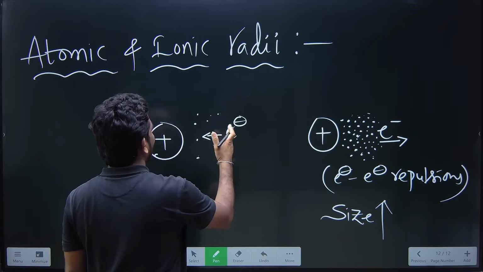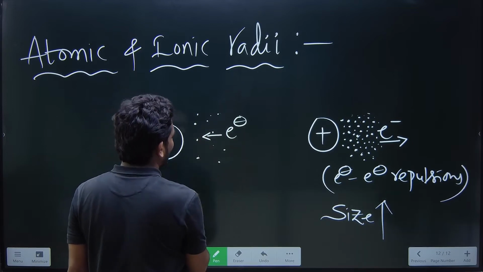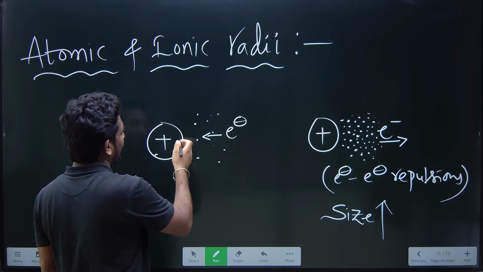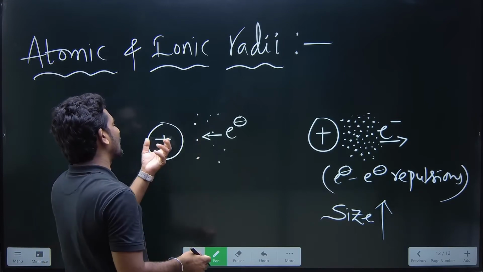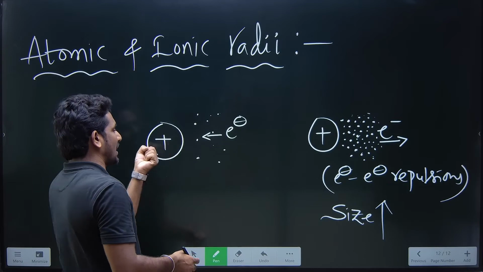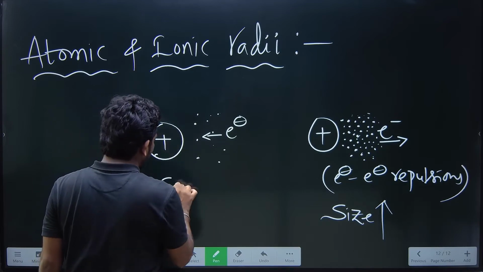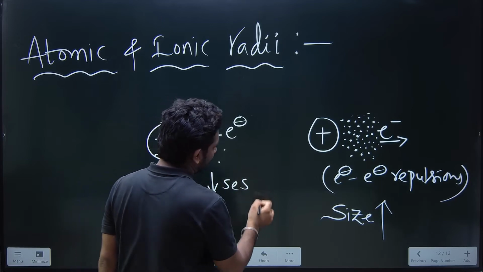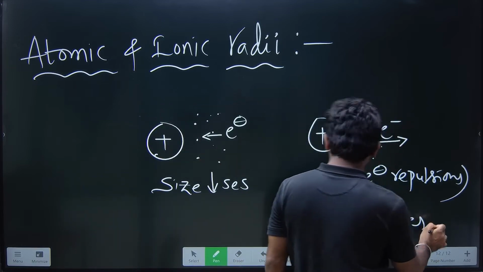What happens to the size now? Here the effective nuclear charge is more, so it will attract the outermost electron inside. So the size decreases. In the other case the size increases, and here it decreases.